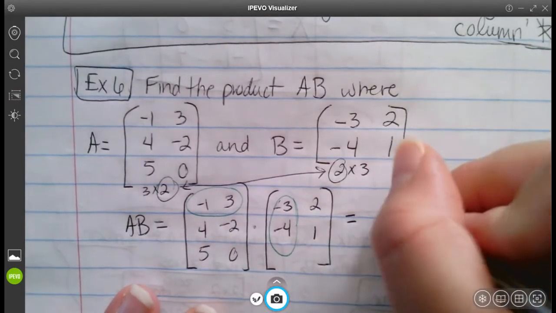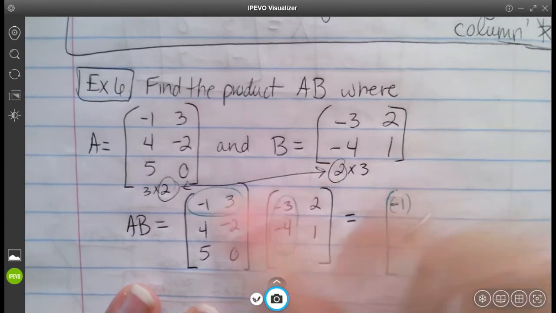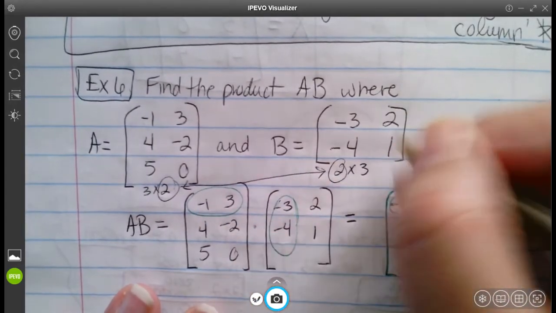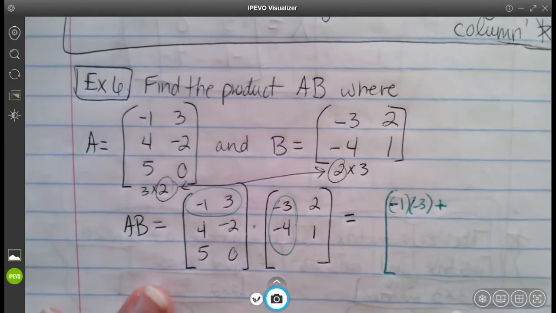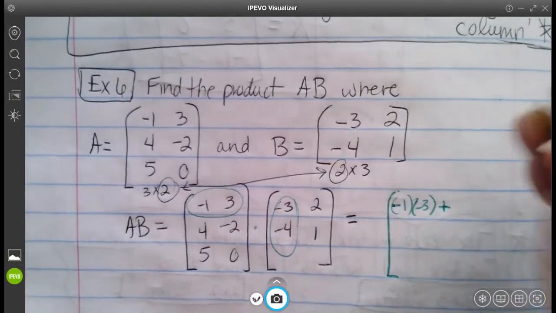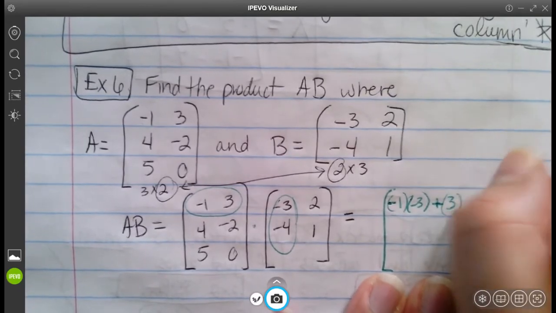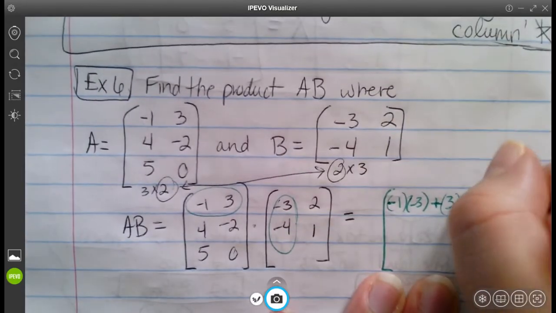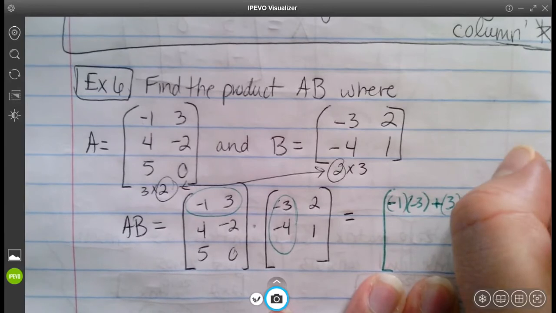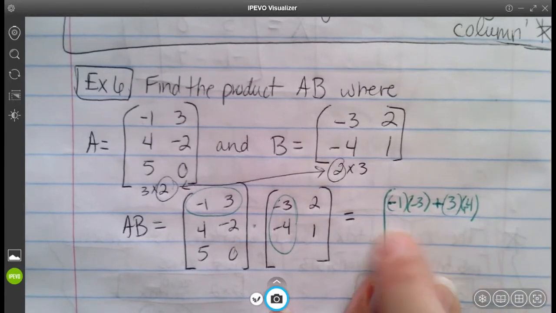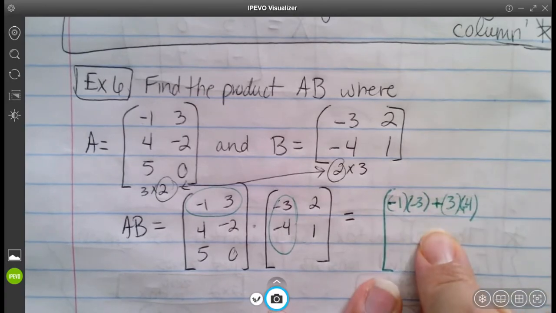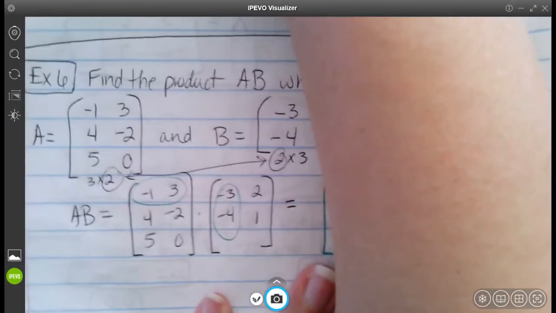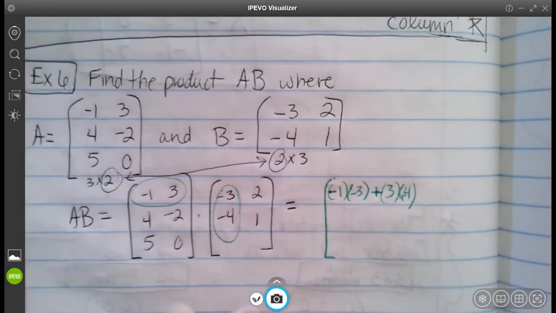So you're thinking negative 1 times negative 3 plus 3 times negative 4. And this is going to give me my first entry for row 1, column 1. Let's go ahead and do that for the rest of them, and then we'll move on from there.